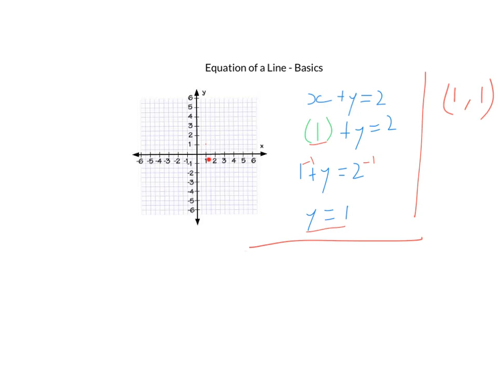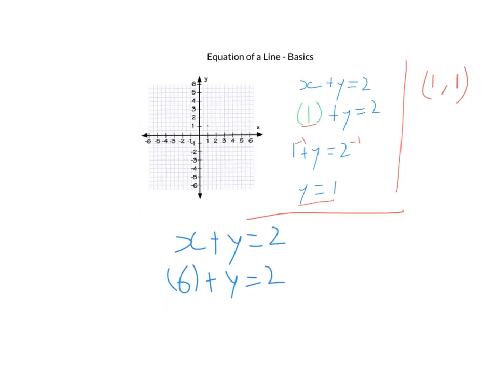I'm going to pick x to be equal to 6. Then we'll see what the corresponding y value is. So the equation of the line is x plus y is equal to 2. We're going to put in 6 for x. Now to get rid of the 6 here, so we'll get y by itself, we're going to subtract 6 from both sides.